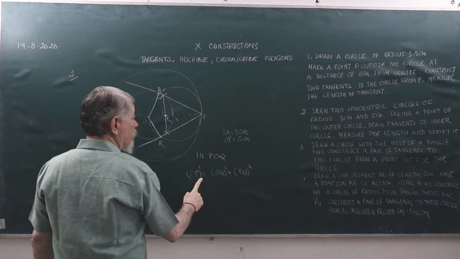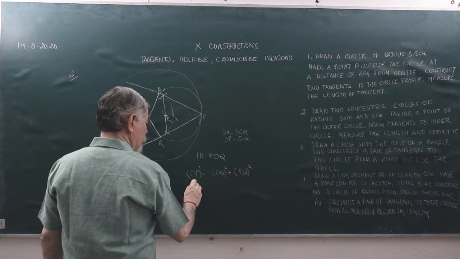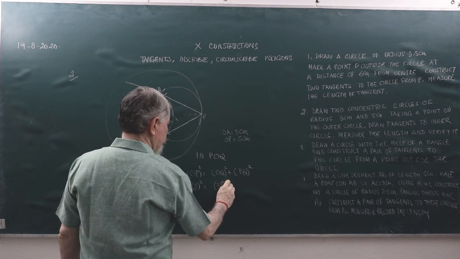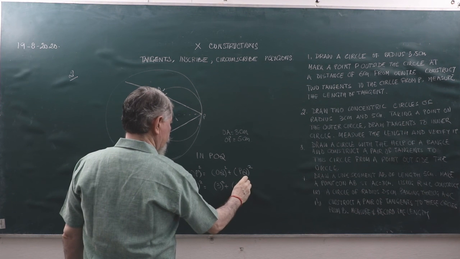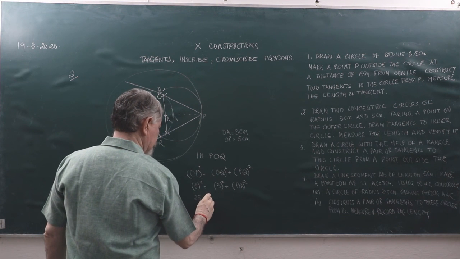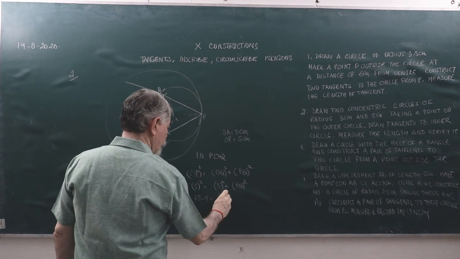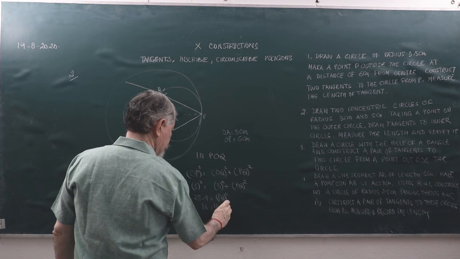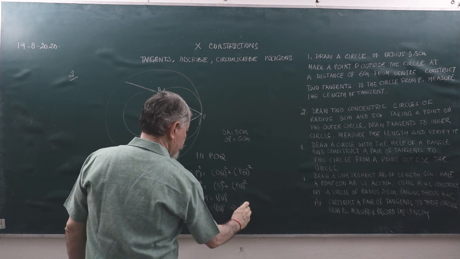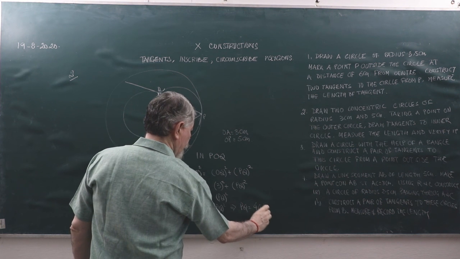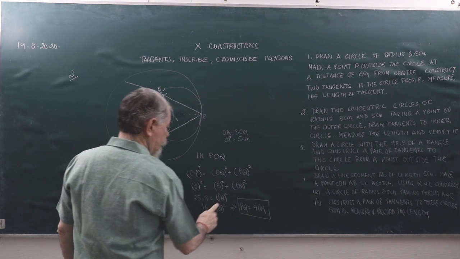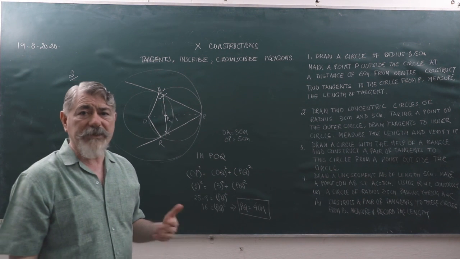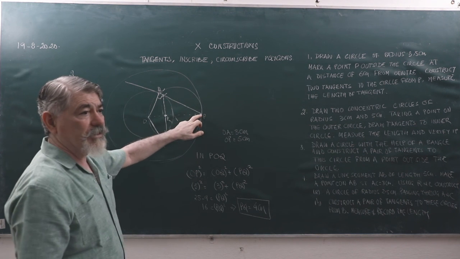OP is 5, so 5 squared equals 3 squared plus PQ squared. So 25 minus 9 equals PQ squared, which is 16. That implies PQ is 4 centimeter, because the square root of 16 is 4, and since it's a distance we always take the positive value.